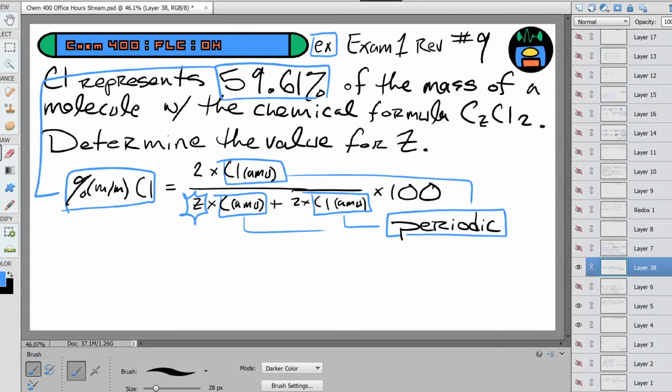This is kind of the big picture layout for how you would solve it, and if you want to see the brass tacks, all the algebraic manipulations, this problem starts 20 minutes in.